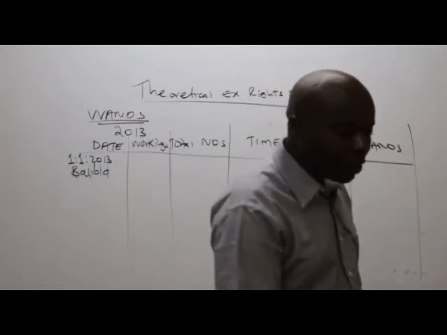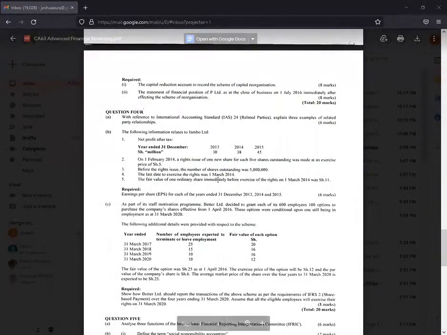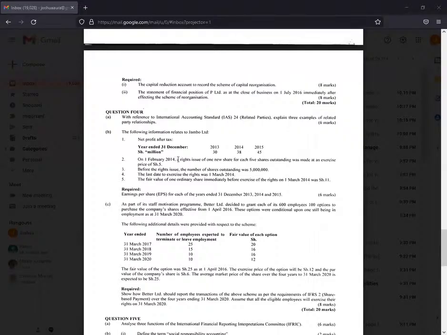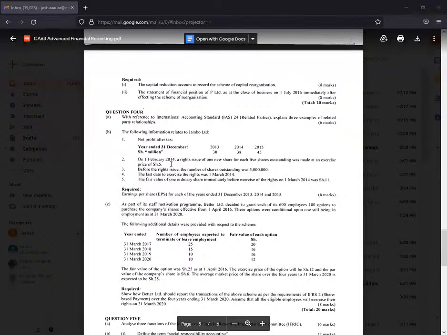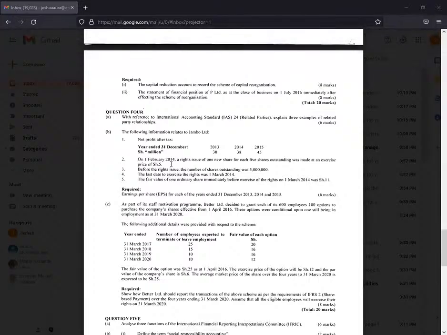So 2013, ladies and gentlemen, this is what we have. You can see the year is ending 31st December. You are told that on 1st February 2014, a rights issue of 1 new share for each 5 shares outstanding was made at an exercise price of 5. So, ladies and gentlemen, this is a transaction that took place in 2014.